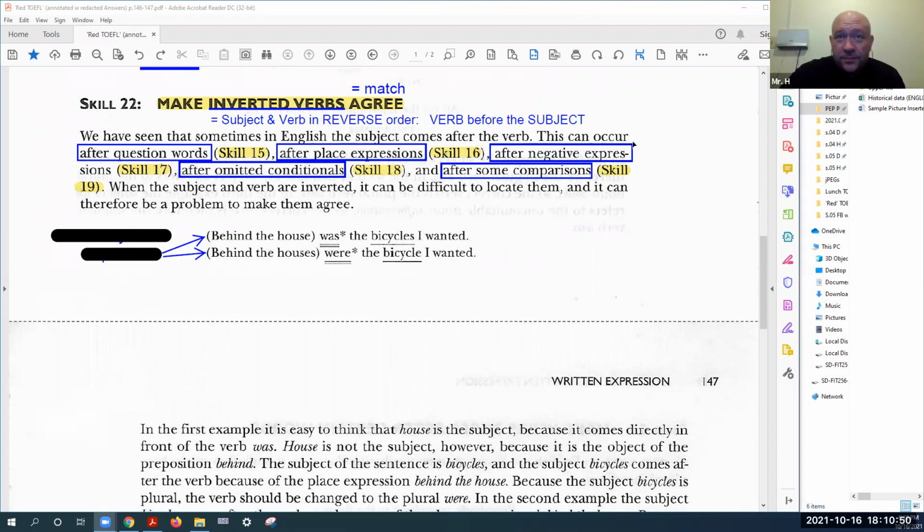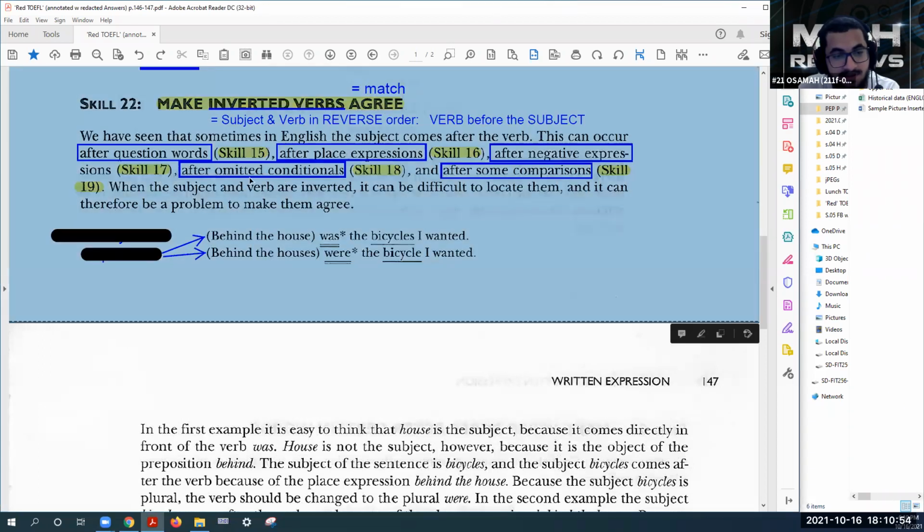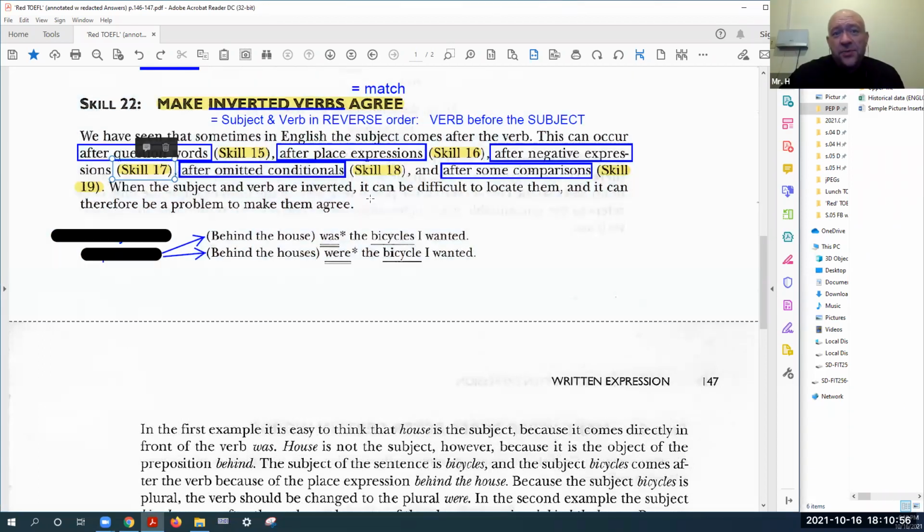After negative expressions, skill 17. I think you were there for all of these skills, right? What does that mean? After a negative expression, for example? Remember I told you to add something.